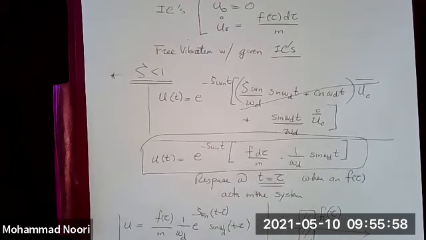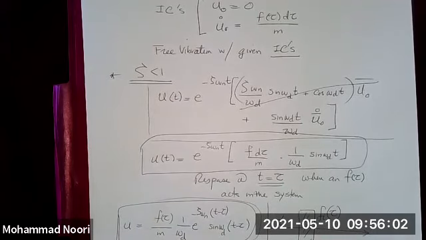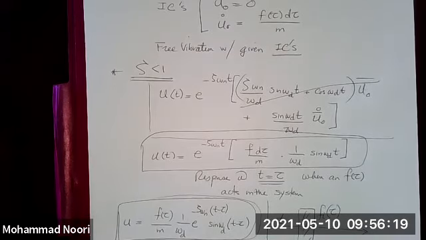So at any arbitrary time t minus tau after this impulse acts on the system, this is the response of the system at that point.